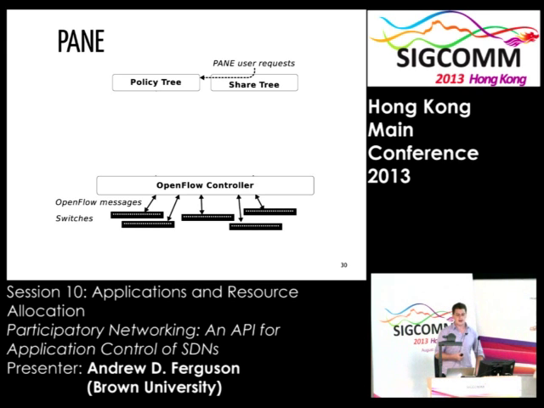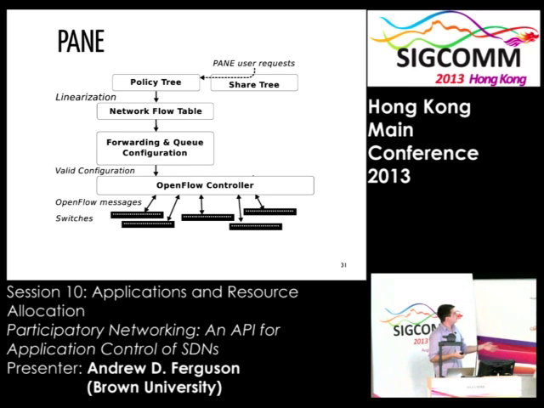In the first stage, it linearizes the HFT into a single table we call the network flow table. Now, if the network were connected by a single big switch, we might install this network flow table directly on that switch. So then in our compiler's second stage, it translates the network flow table into individual flow tables for the distributed OpenFlow switches.